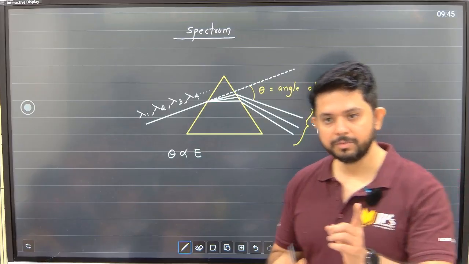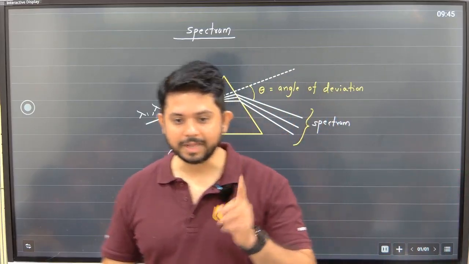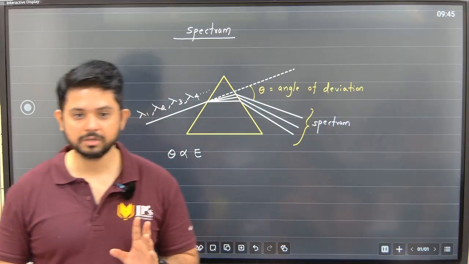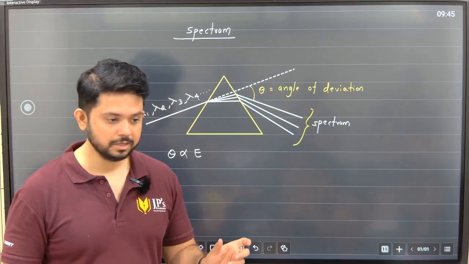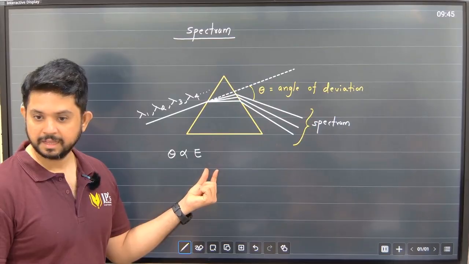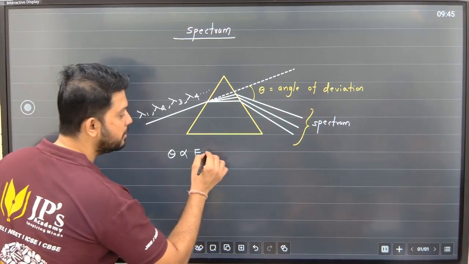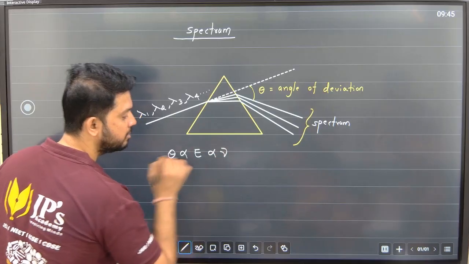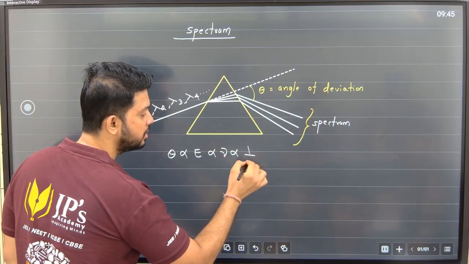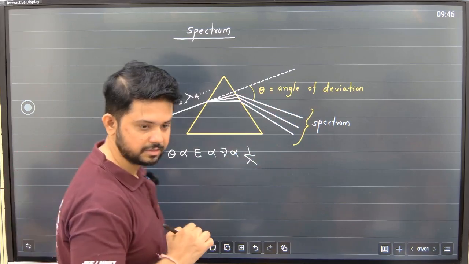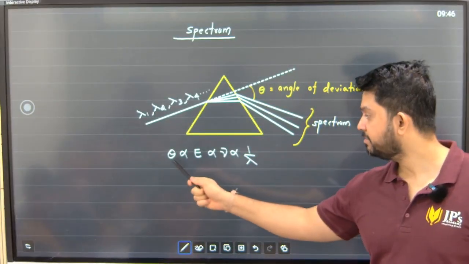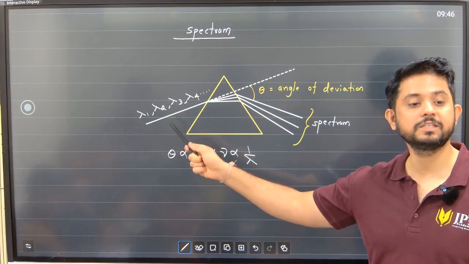And we know the formula, E is equal to h nu. Energy is directly proportional to frequency. So if theta is directly proportional to E, then it is also directly proportional to frequency and inversely proportional to wavelength.